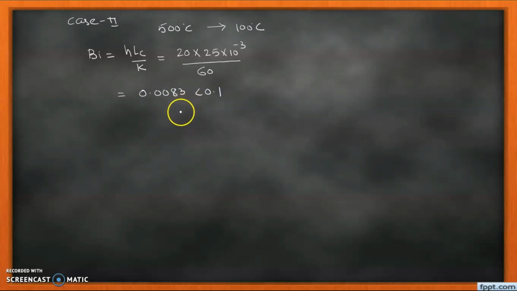So in this case we are also able to apply the lump parameter analysis for the cooling. So here, if I plot the temperature versus time diagram for the cooling under the exponential cooling, or we can say the lump parameter analysis, then this is the temperature and here it is the time.